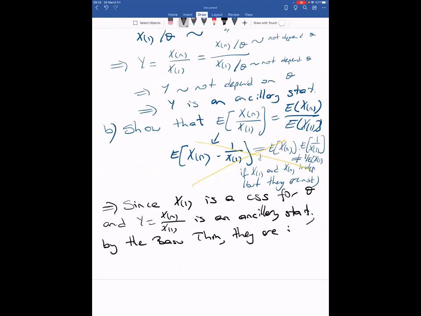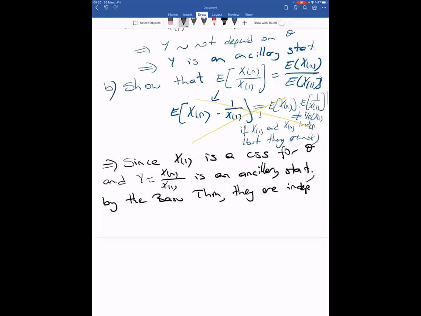So what this means is when we consider the expectation of the complete sufficient statistic times the ancillary statistic, we can write this as the expectation of the complete sufficient statistic and the expectation of the ancillary statistic.